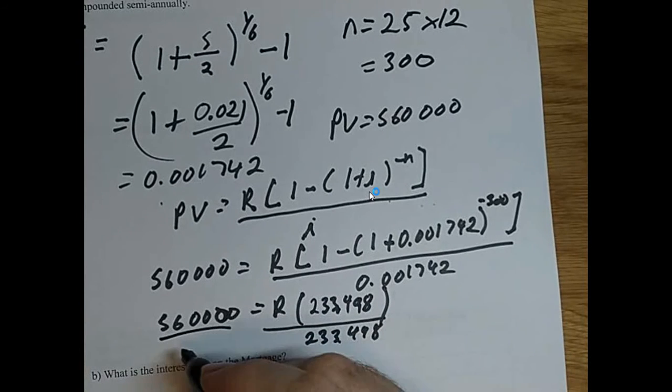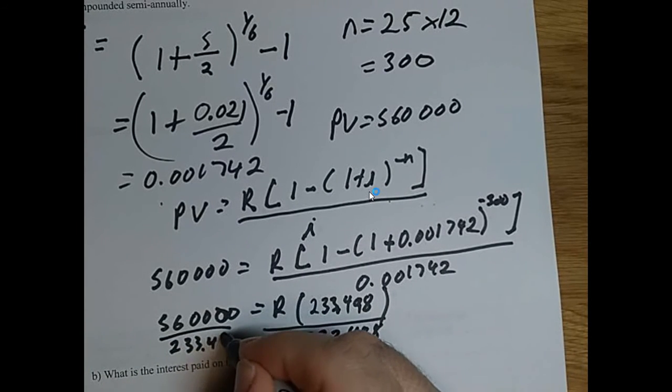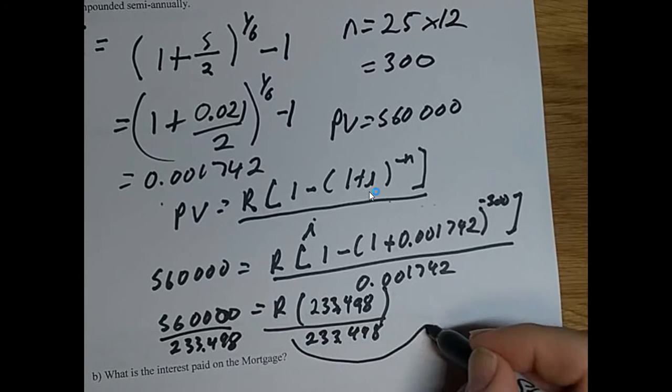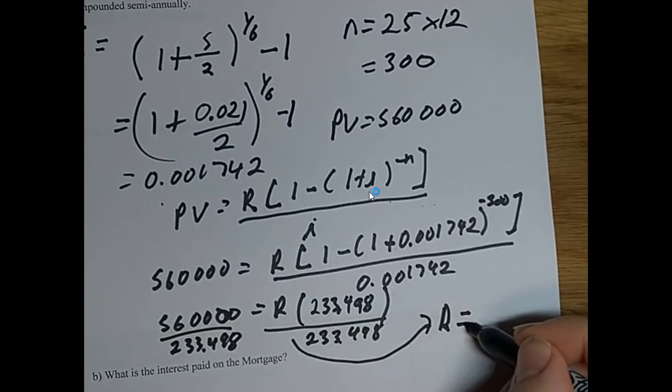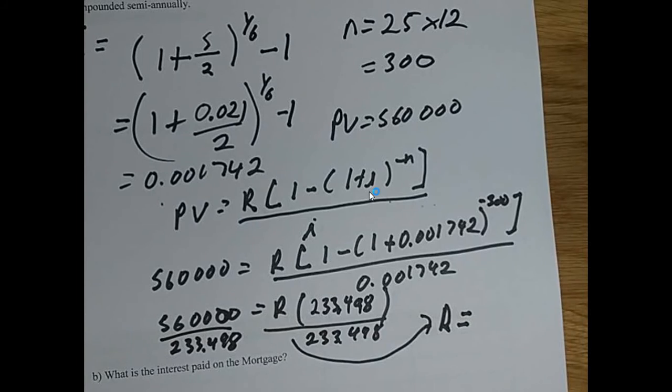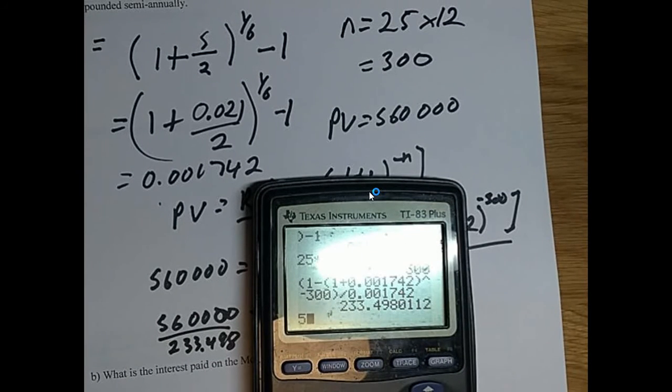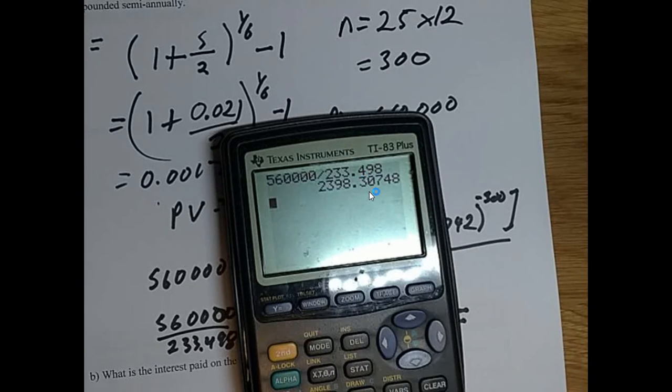So R equals 560,000 divided by 233.498. It's hard to see there.